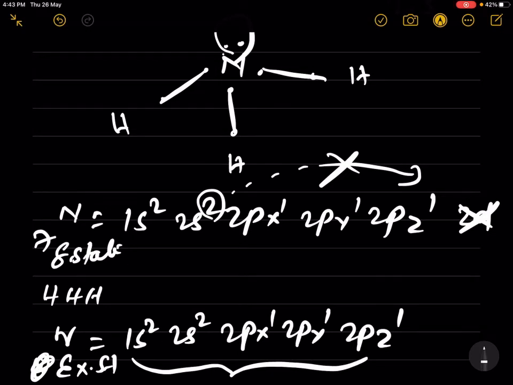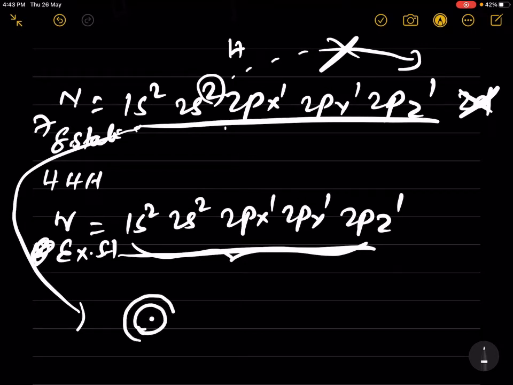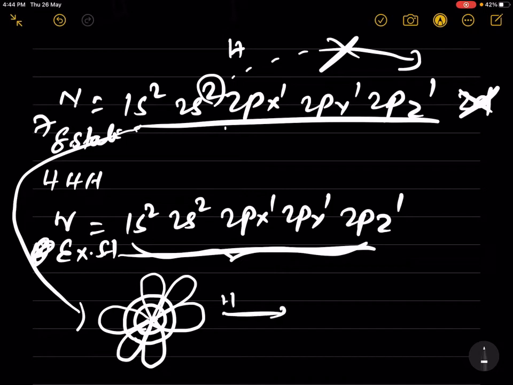You see, the ground state and excited state of nitrogen are same, and you see this is 1s, then 2s, then 2px, then 2py, then 2pz. In presence of three hydrogen atoms, it gets excited.